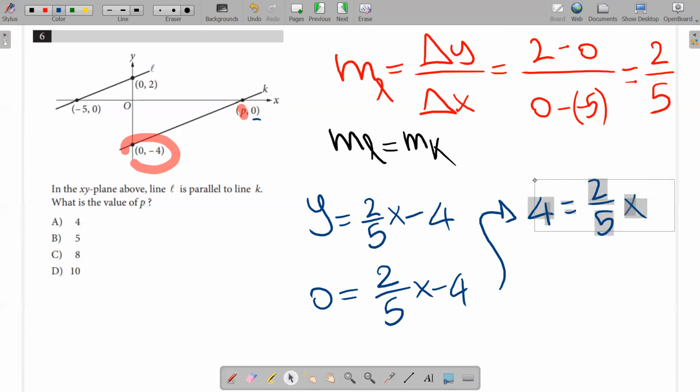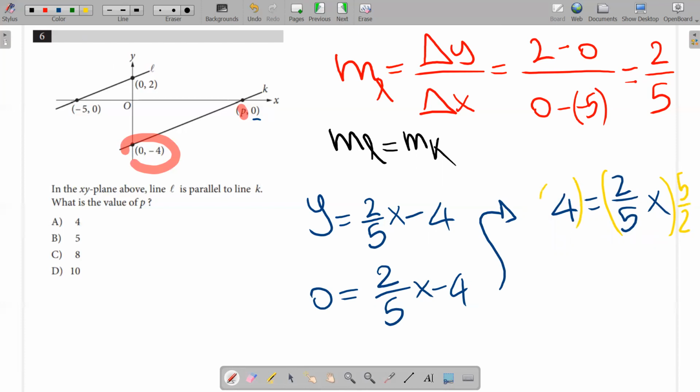To isolate x and find it, we multiply by the reciprocal, which is 5 over 2, on both sides. 5 over 2 goes away here, and we get x equals 4 divided by 2, which is just 2, times 5, which is 10. 10 is our answer.